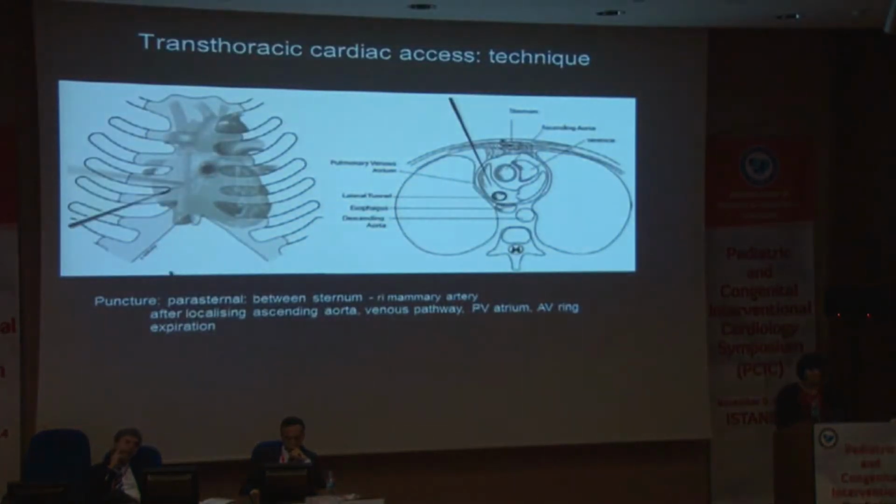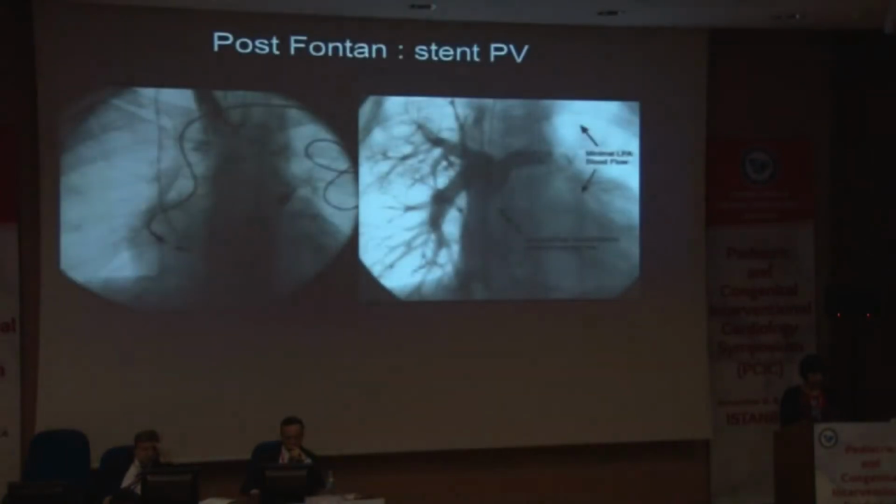It's important that one knows landmarks when one does these types of interventions, and obviously, again, knowing what the important structures are in the region where you are going to puncture.